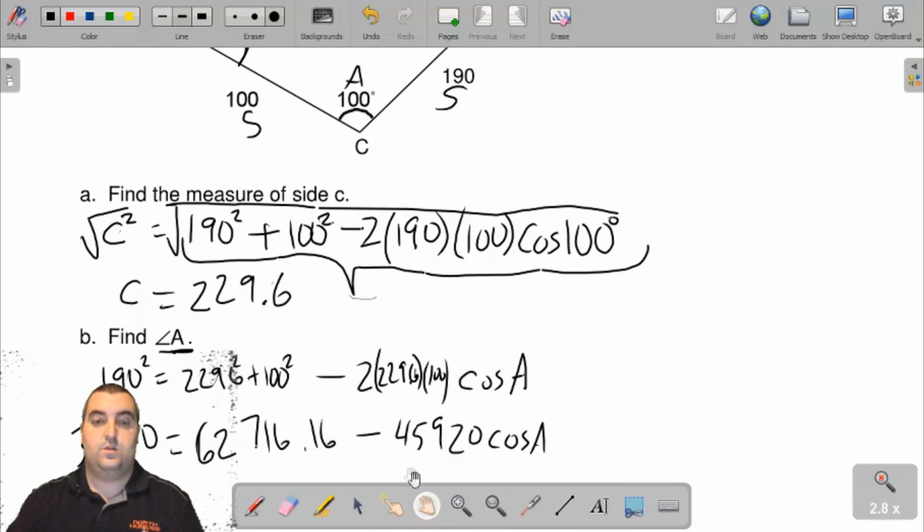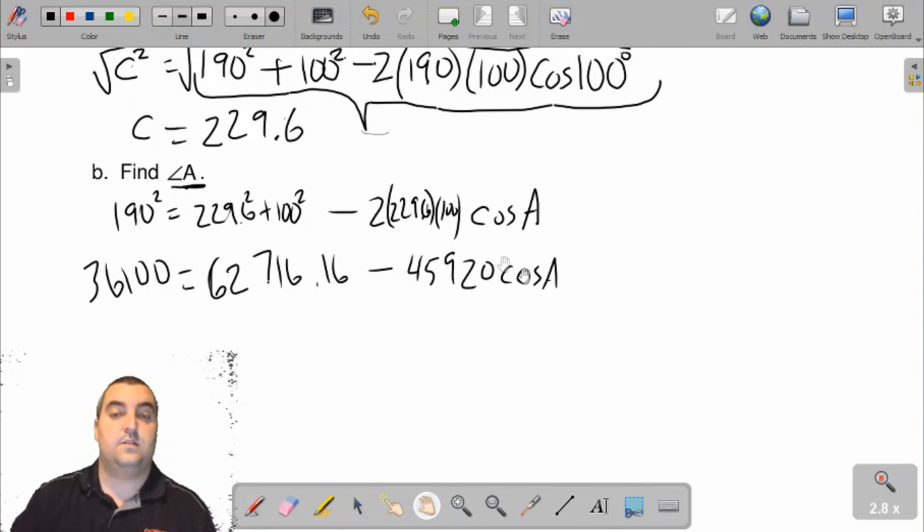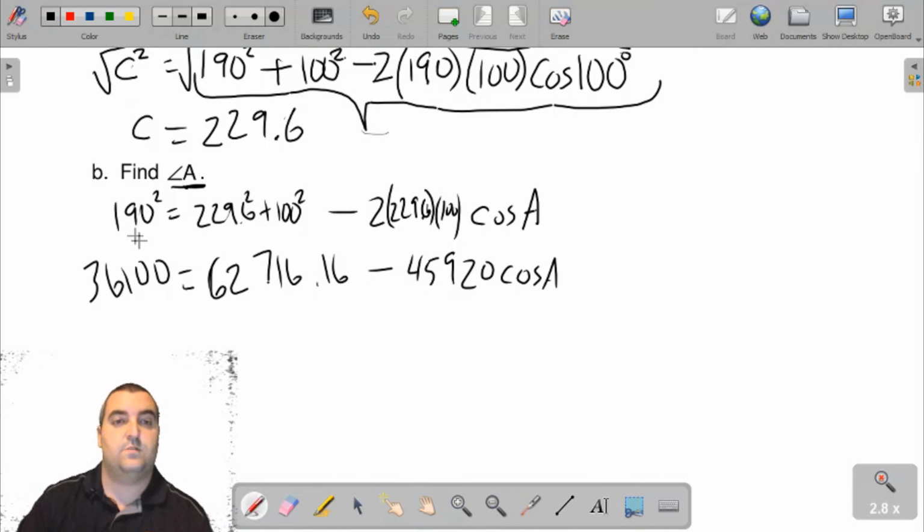Alright, so at this point we still have a variable over here, so you just use your solving rules, your solving process, if you will. You need to isolate the A, so get the thing that's being added or subtracted to it first. Get rid of it, I should say. So we're subtracting that over.